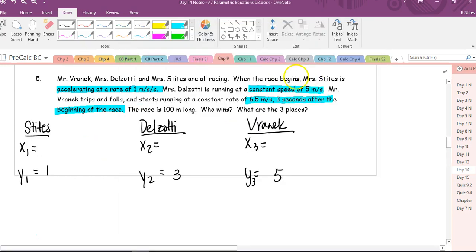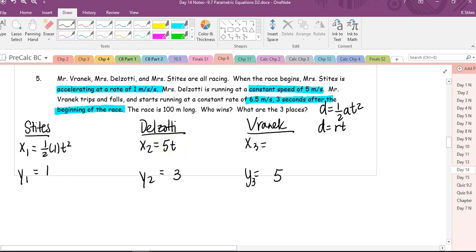So, okay, let's see here. I accelerated at a rate of 1 meter per second per second. Acceleration, so 1/2 AT squared. Delzati, constant speed of 5 meters per second. Okay, that's distance equals rate times time. So I'll write these off to the side for you. So she's just a 5t.